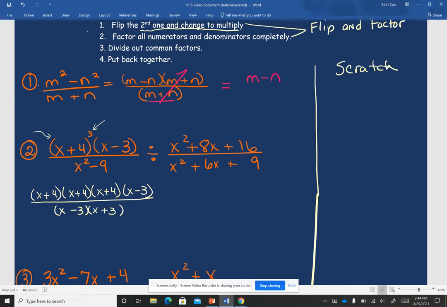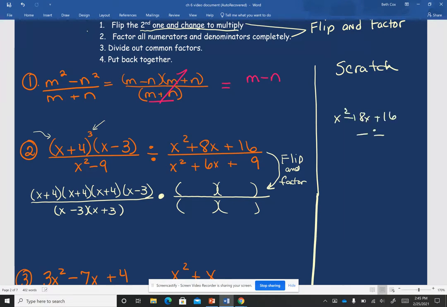Now these two I've got to flip and factor and change it to multiplication. So again, they're both going to be binomials. I know that. I may go over to my scratch paper and work on it. So x squared plus 8x plus 16.